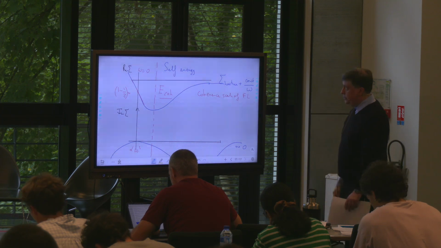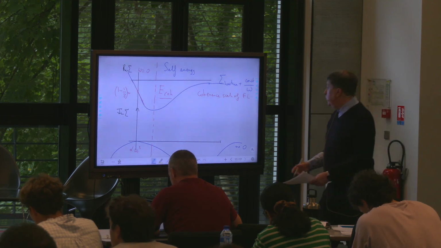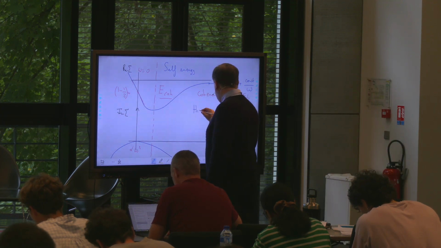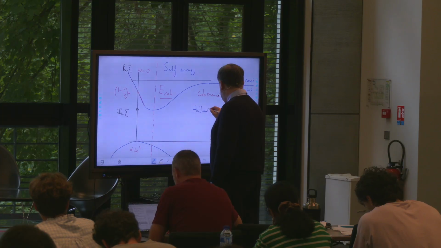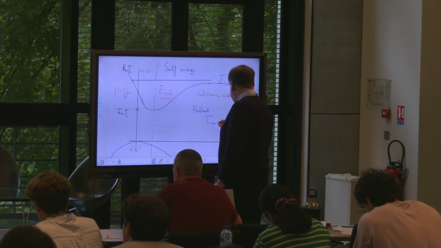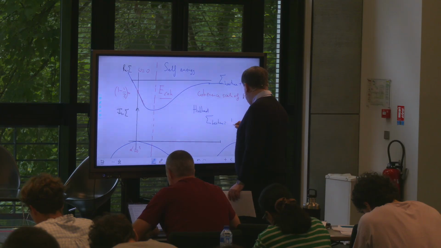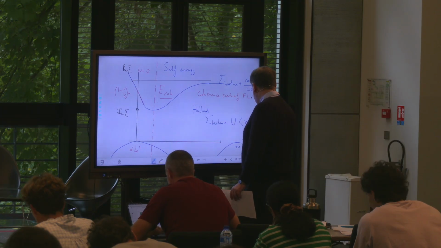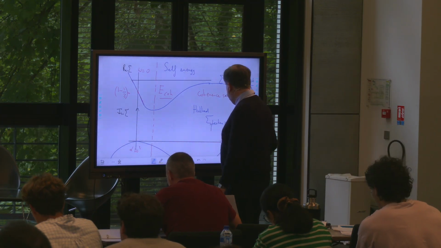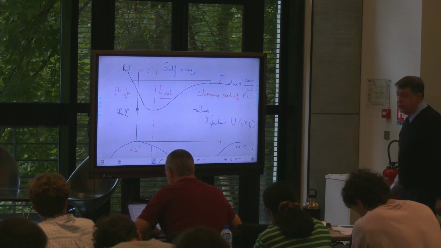That's the asymptotics. So in a Hubbard model, for example, the Hartree part is going to be U times N, the number of particles down, for self-energy up. So that's just the Hartree approximation.